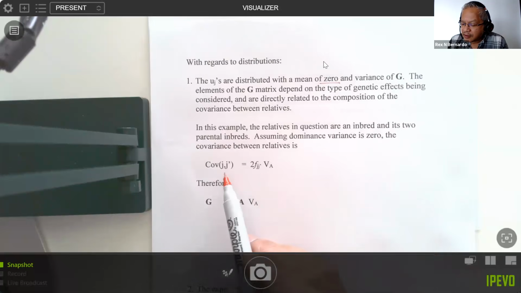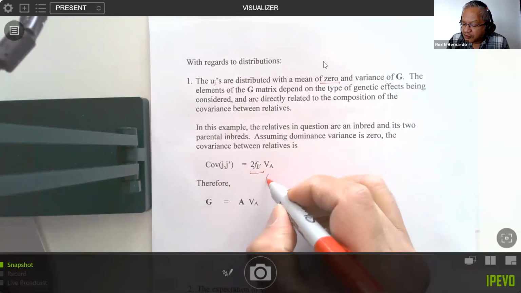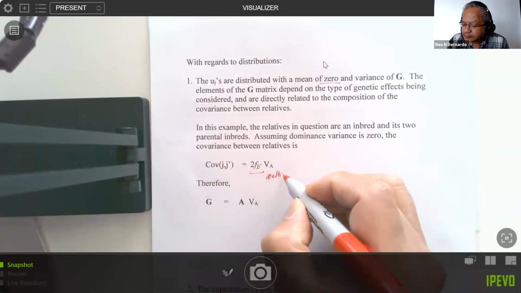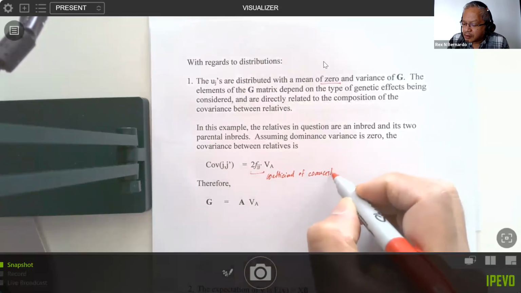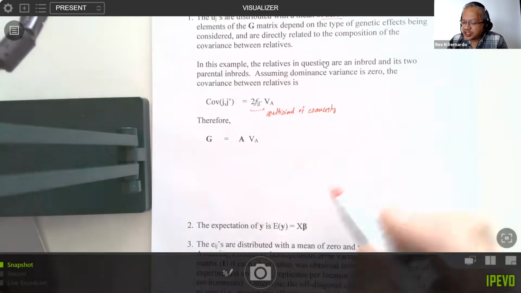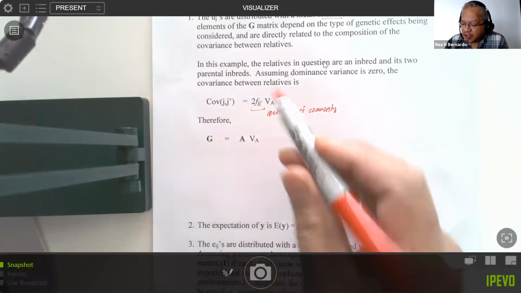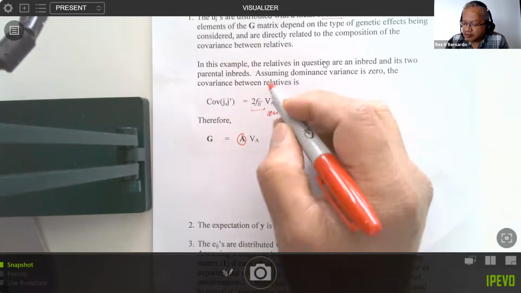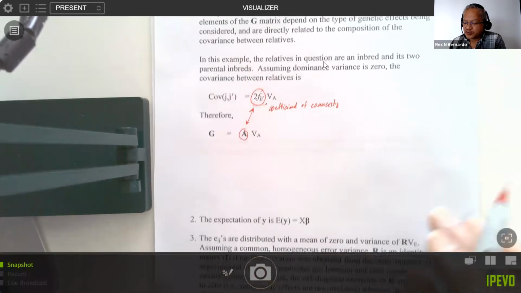And so we're saying that the covariance between inbred j and j prime is equal to twice the coefficient of coancestry times VA, where VA is the additive variance. We are expressing G as equal to A times VA. That means the elements of A are equal to twice the coefficient of coancestry among the individuals.